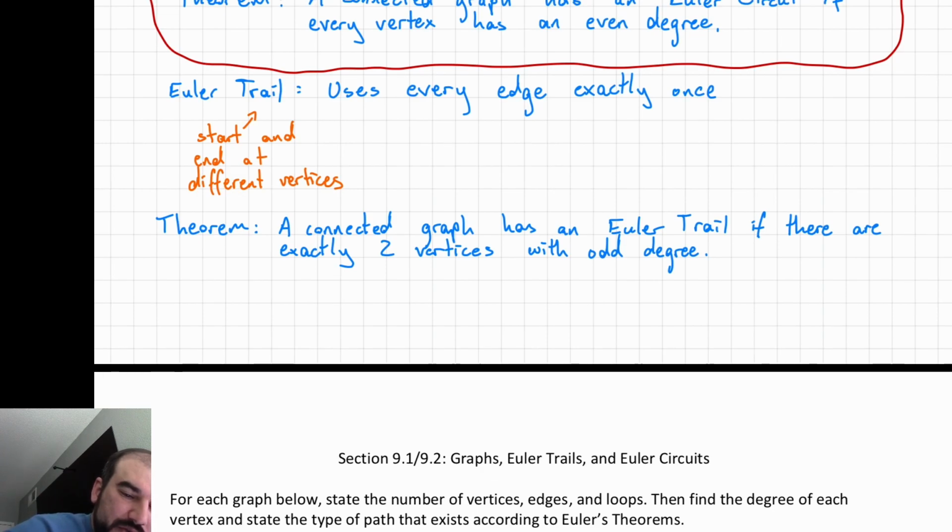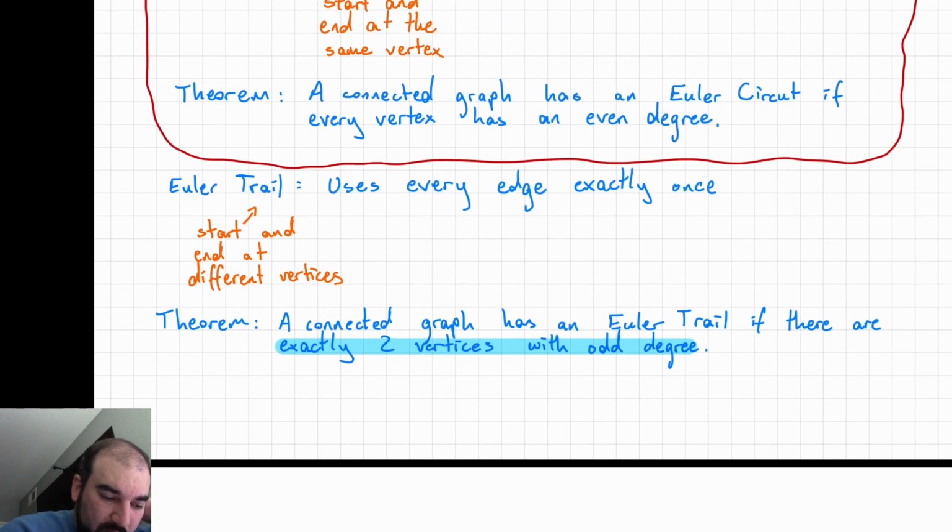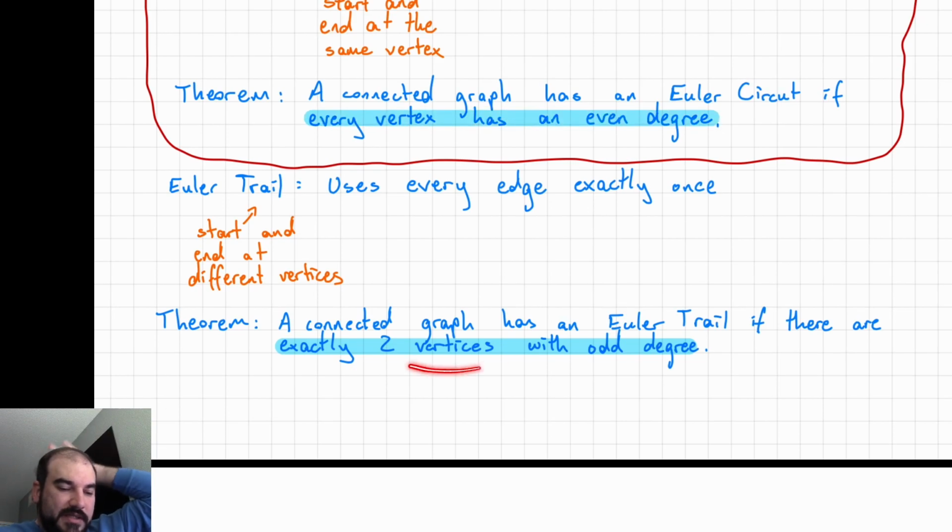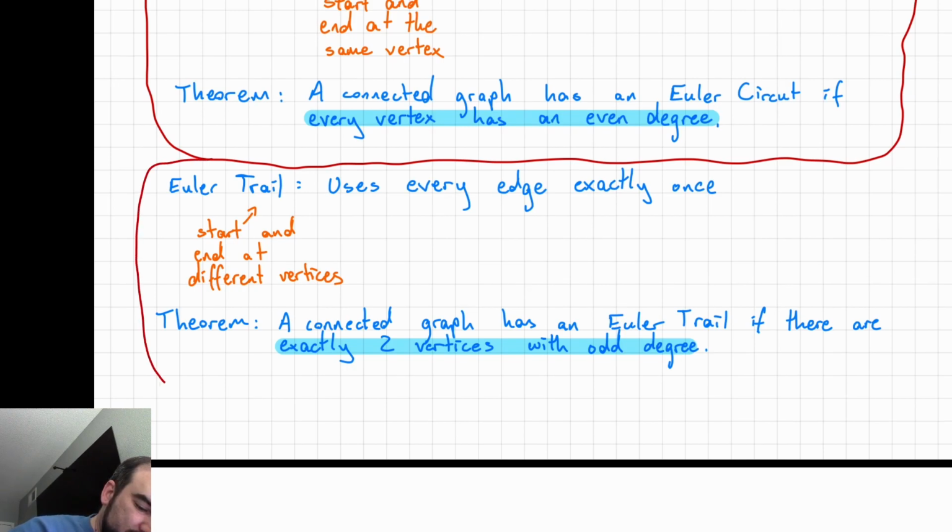So exactly two vertices with odd degrees, that's the requirement there. Remember, the requirement for an Euler circuit was every vertex had to be even. So as soon as you have exactly two vertices with odd degree, and everything else obviously is even, you have an Euler trail.